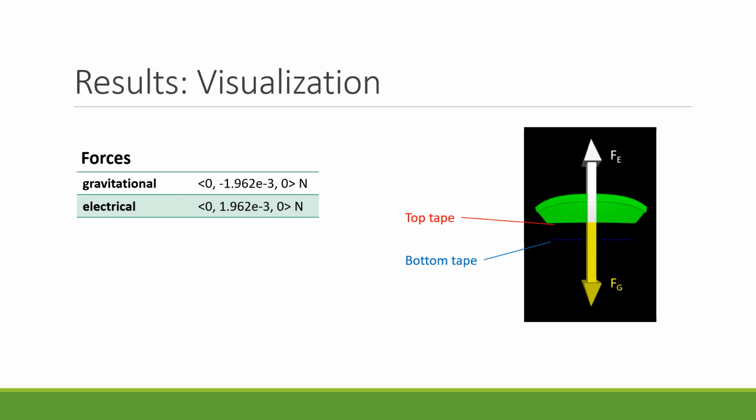And so the horizontal components cancel, as I said previously, and the vertical components sum to counteract the gravitational force. And so I measured that the gravitational force using the mass of the tape was negative 1.96 times 10 to the negative third newtons. And then the electrical force has the same magnitude, 1.96 times 10 to the negative third newtons, but it points up.